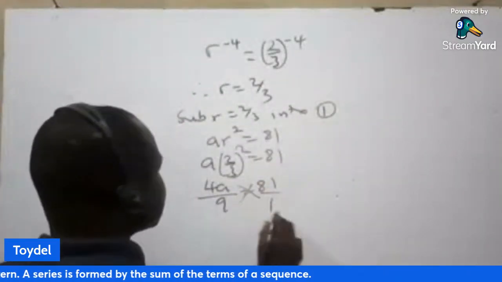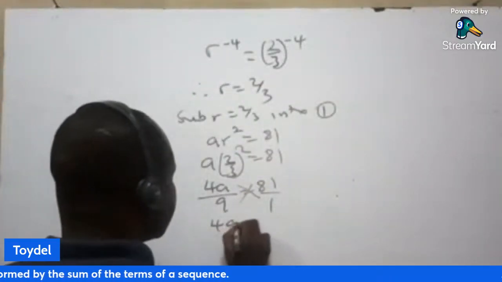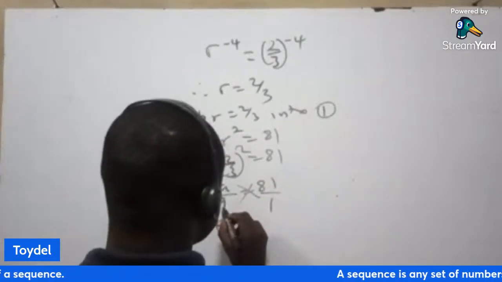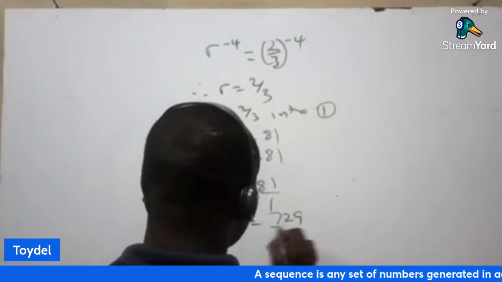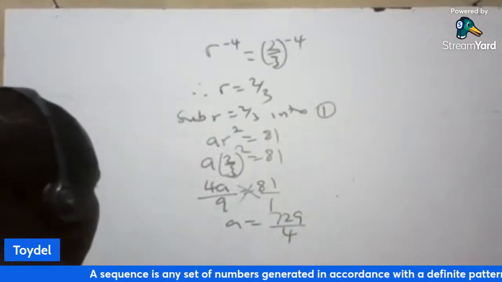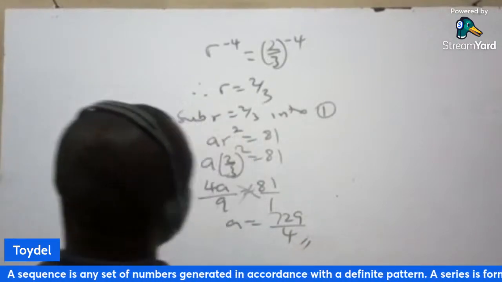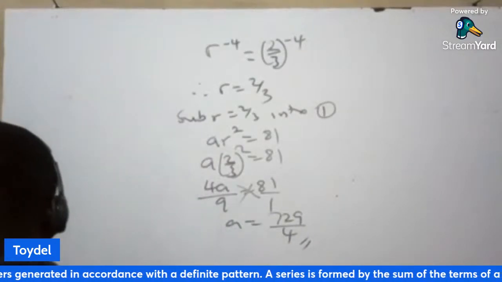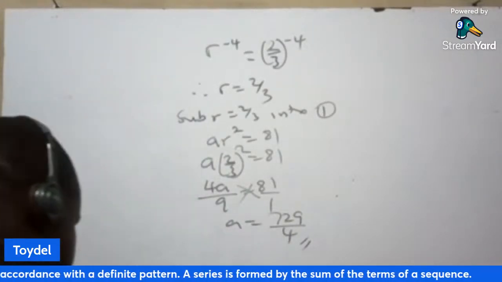When we cross multiply, we are going to get 4A to be equal to 81 times 9, that's 729. So A is equal to 729 all over 4. And that is the first term that we are asked to find. We have to find the first term and the fifth term.